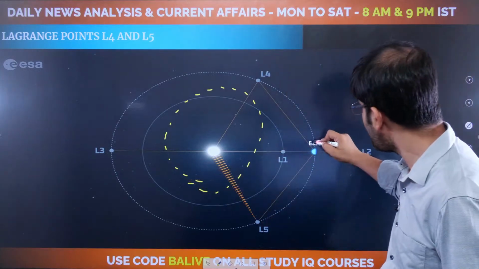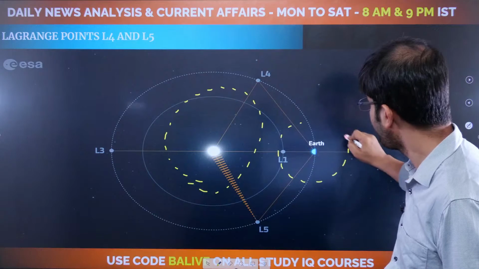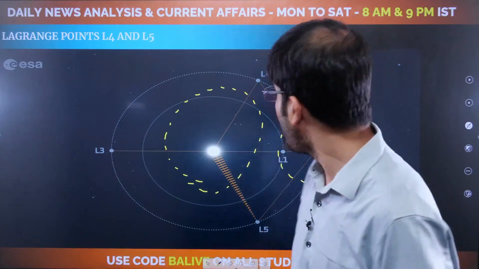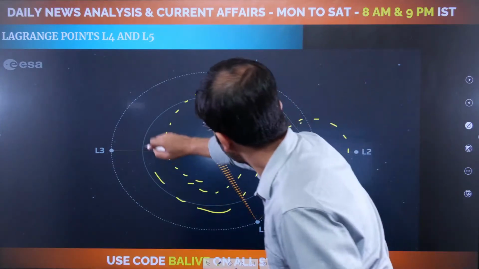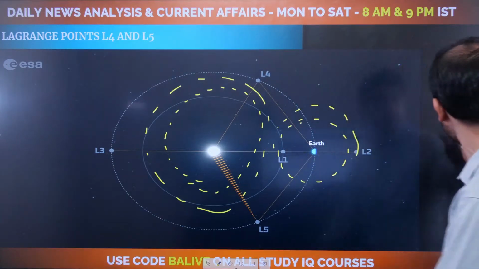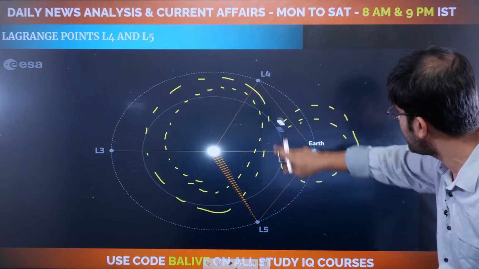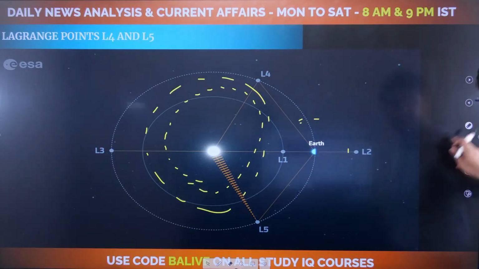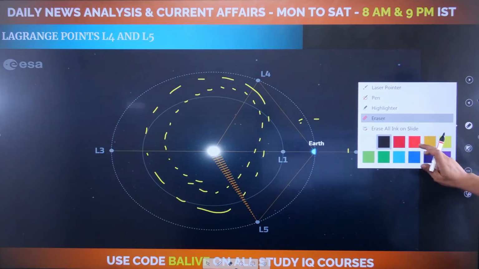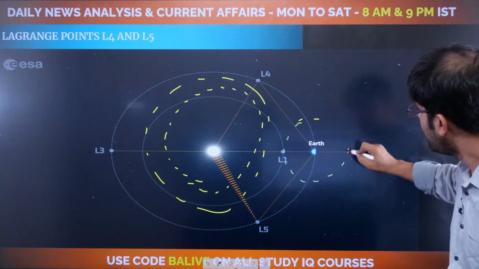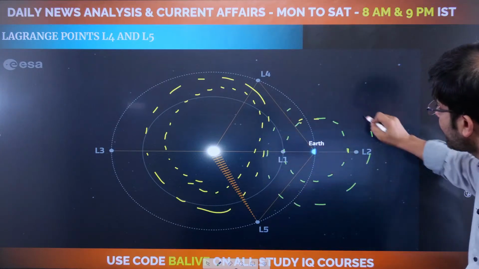Now this is Earth's gravitational field, obviously smaller than the Sun's because it is directly proportional to the mass, the size of the object. Let me draw them in two different colors so that it is easier for you to decipher. This is the Sun's gravitational field in yellow, and we will use green for Earth's gravitational field.